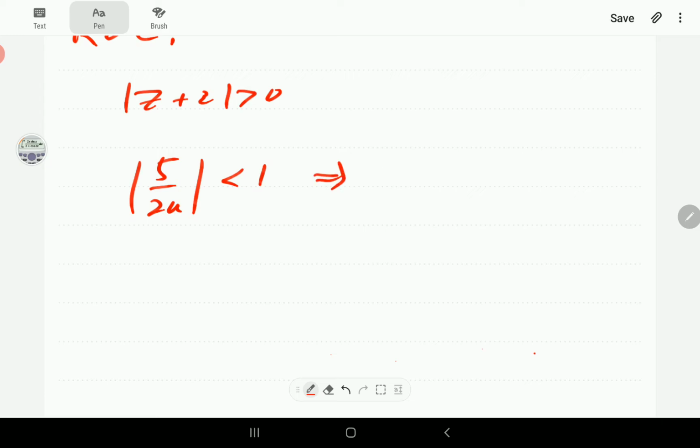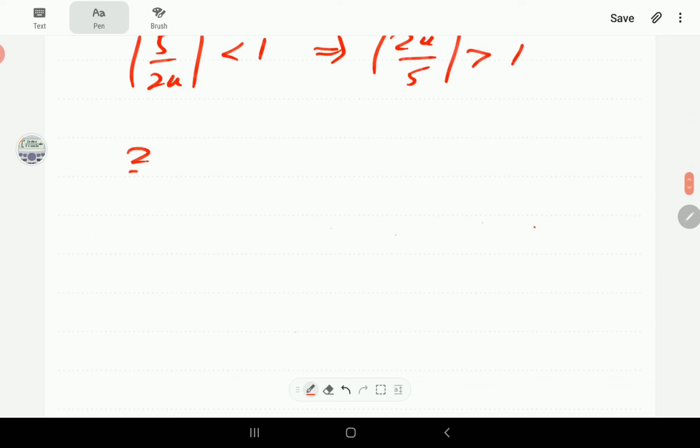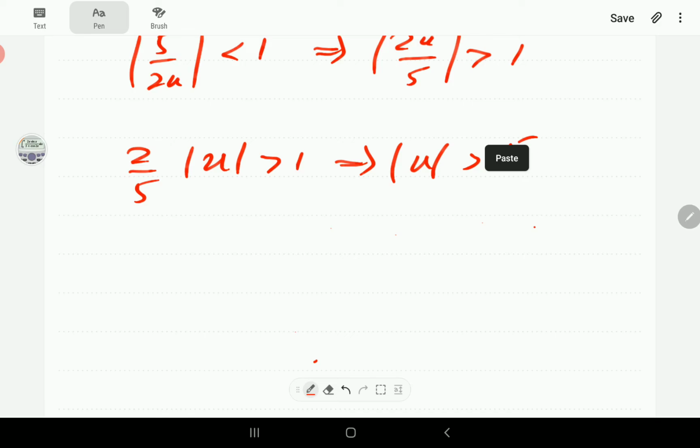This tells us that, okay, or if we just flip it, so this is saying magnitude of 2u over 5 is greater than 1, which in turn is saying 2/5 magnitude of u is less than 1. So this is saying magnitude of u is greater than 5/2.